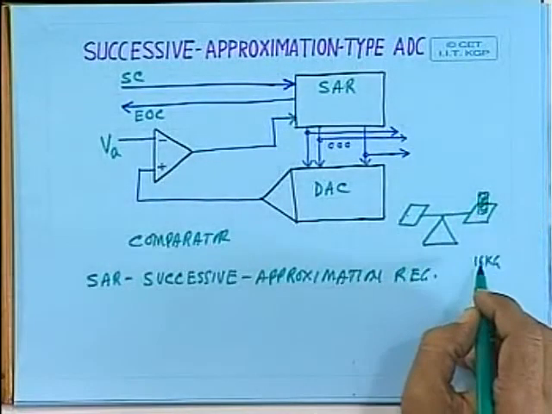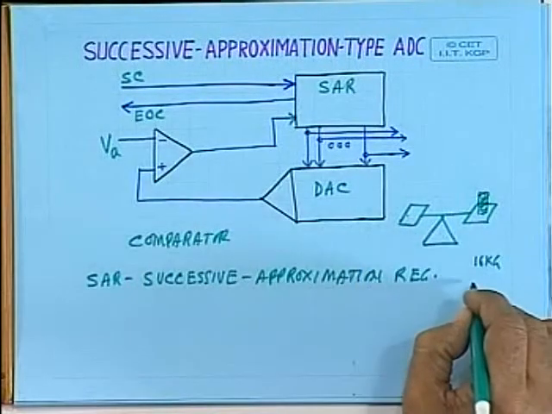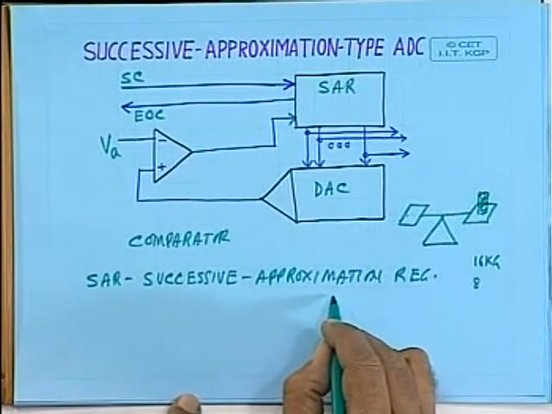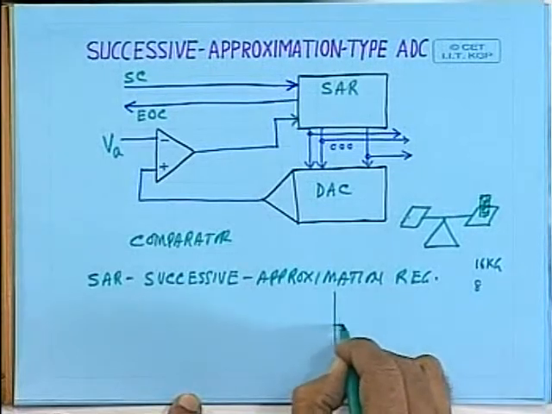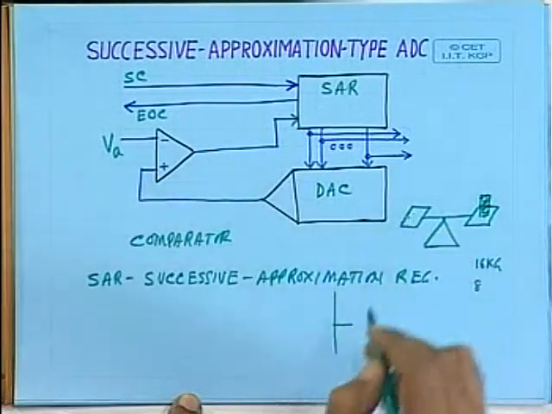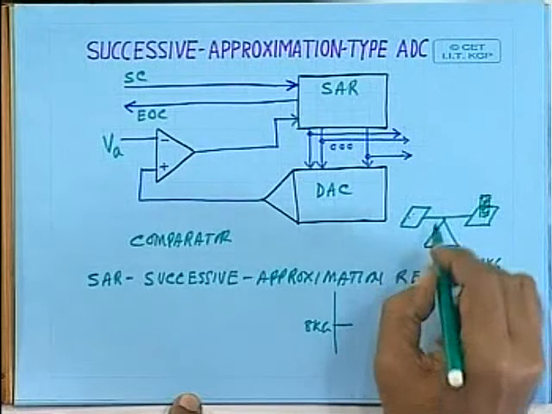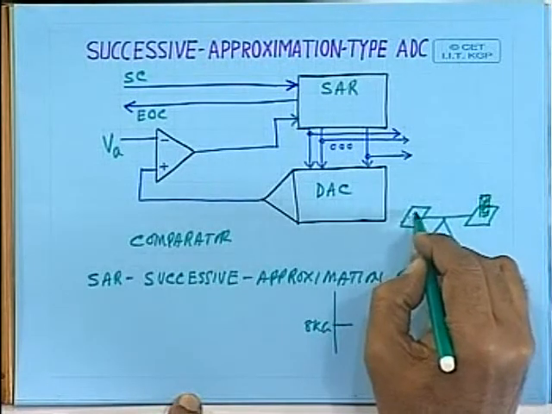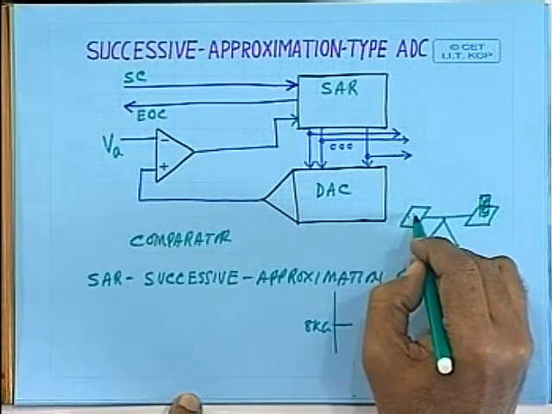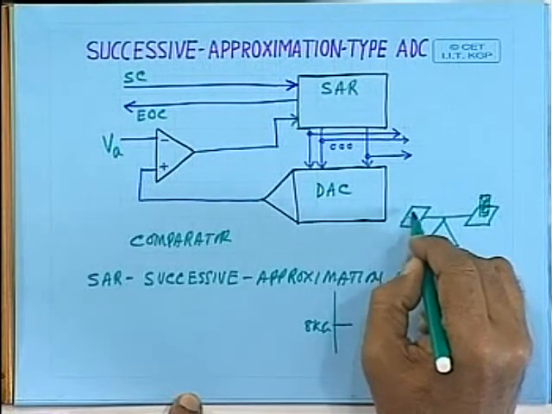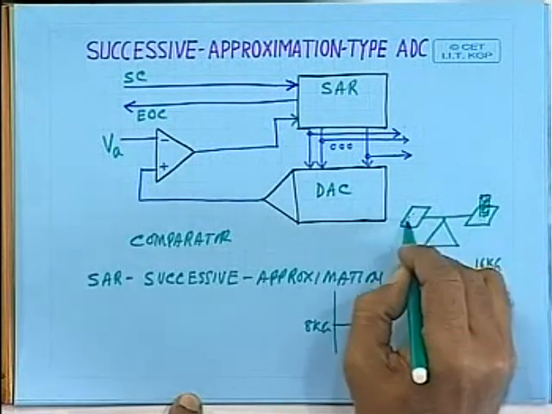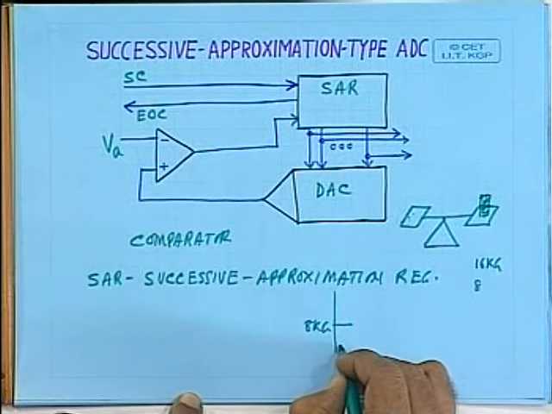One approach is first to put 8 kg. So you first apply 8 kg, the middle one, and if it goes in this direction, meaning this 8 kg is heavier than that, you remove 8 kg, then you put 4 kg.